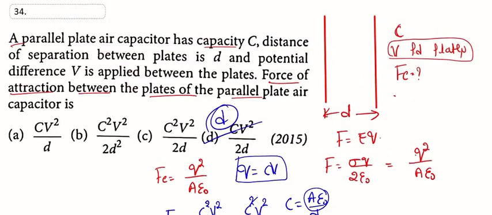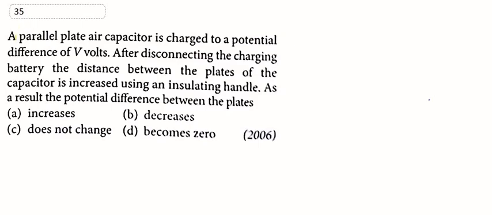So let's move to the next one. A parallel plate capacitor is charged with a potential difference of V volts.